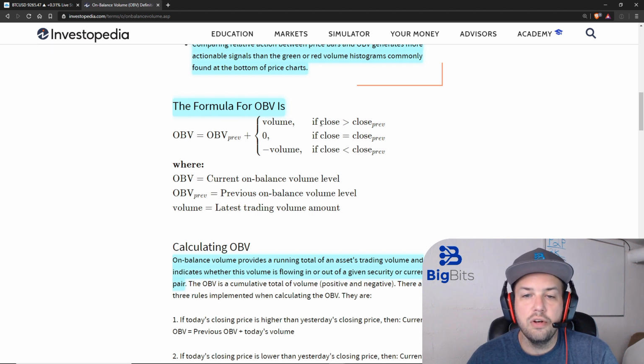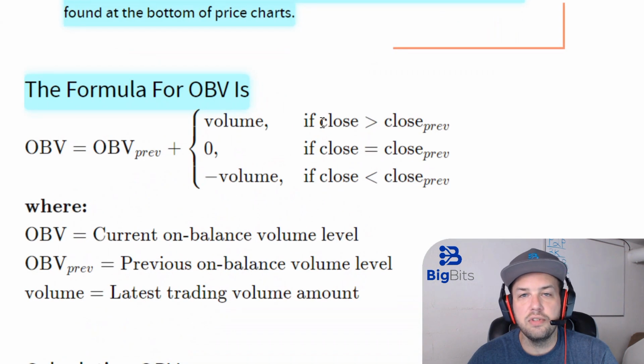So if your closing price on this candle is greater than the one before it, you will add the current volume on top of the previous OBV value. If it didn't change, you don't change the OBV. But if the closing price is lower than the previous candle's closing price, you actually remove the current volume from the previous OBV value.